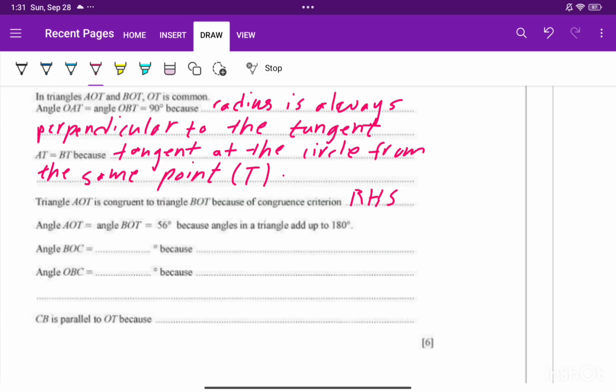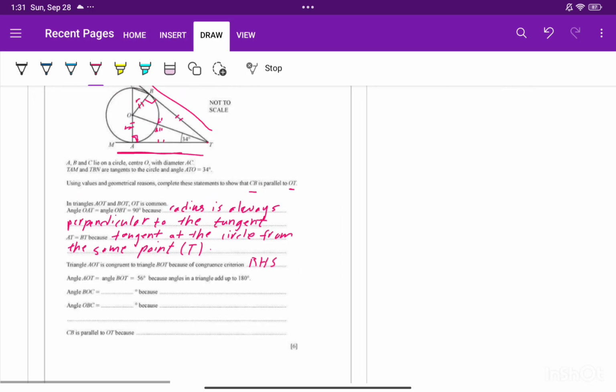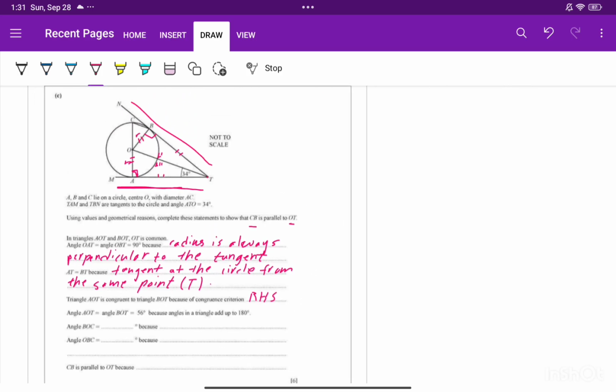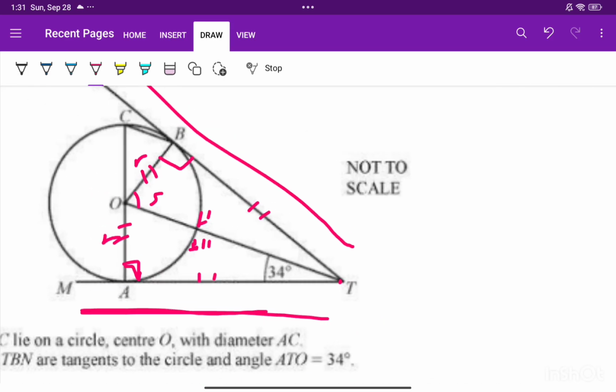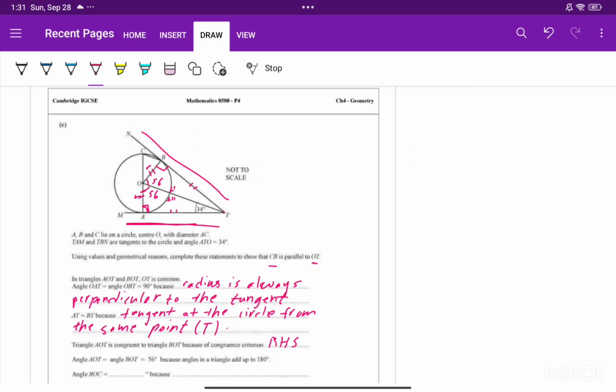Now angle AOT is equal to angle BOT, which is 56, because angles in a triangle add up to 180. Now they are asking us angle BOC.